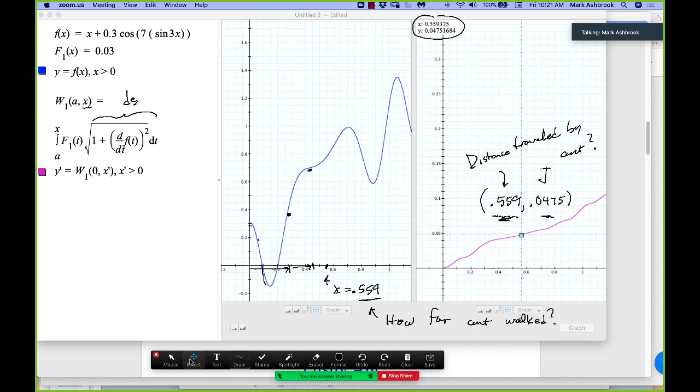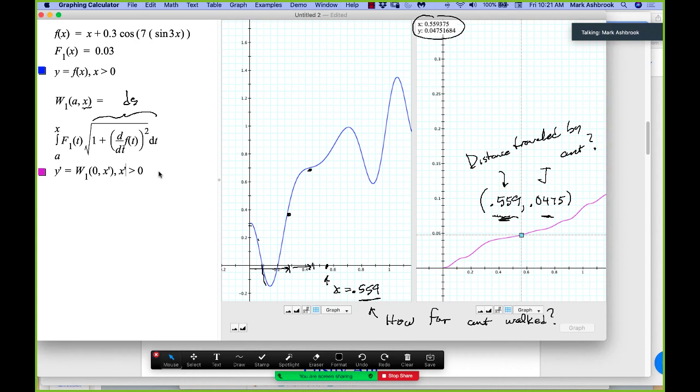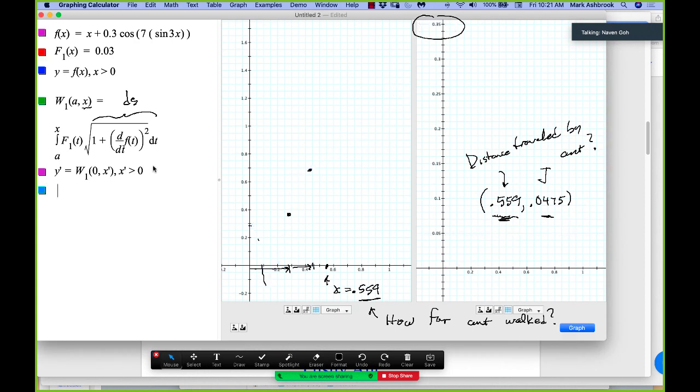Let's do it. Oh, I was going to ask something. Could you also cheat and use your accumulated work and then divide by your constant force? Doesn't that assume something we don't want to assume?